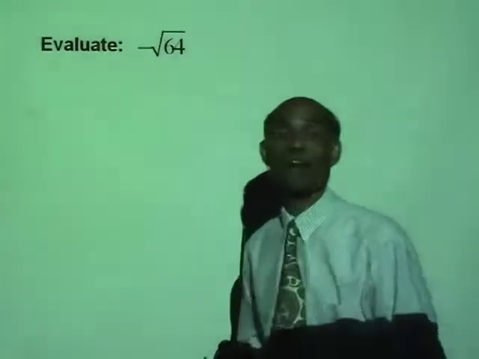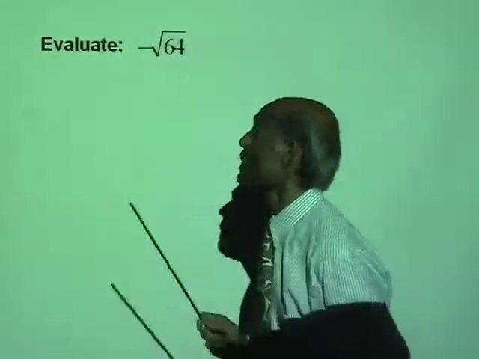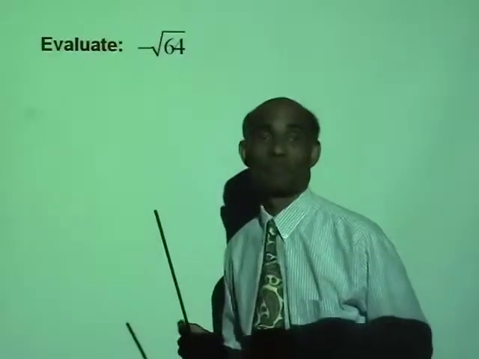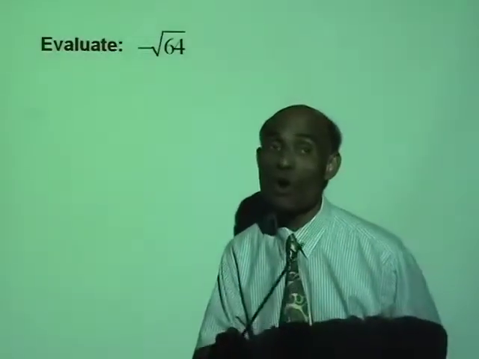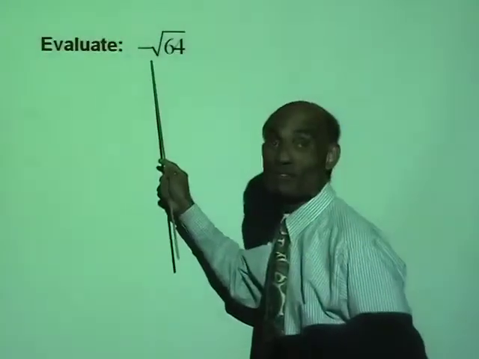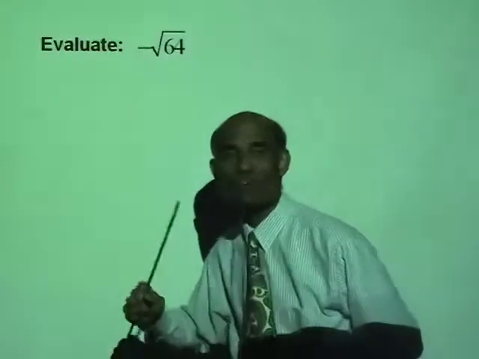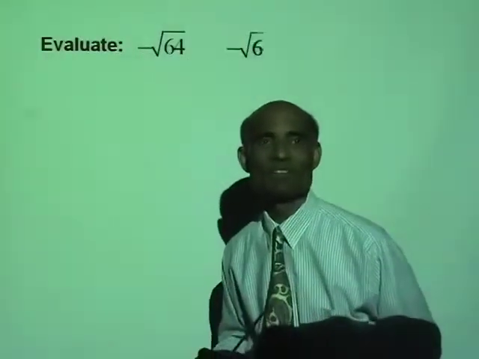Alright, let's find the value of minus square root of 64. Well, is it real or unreal? This is real. Square root of 64 is real. What is square root of 64?